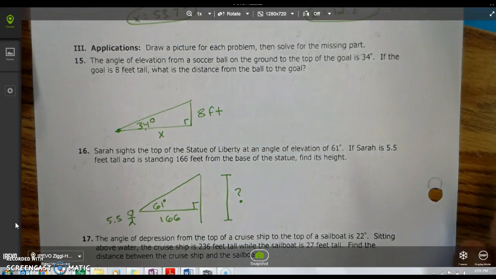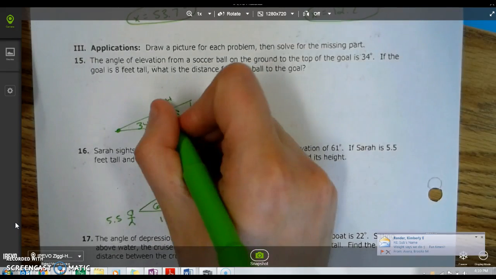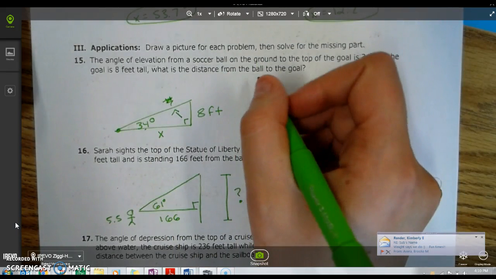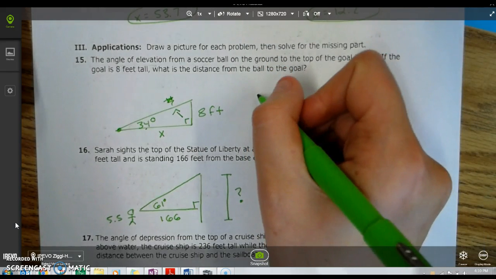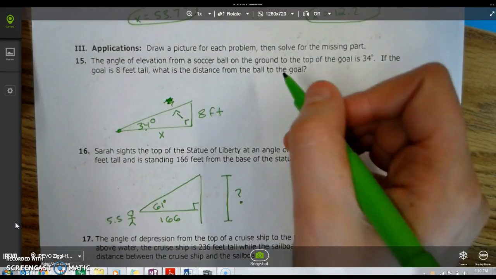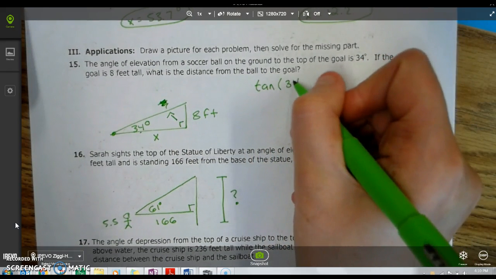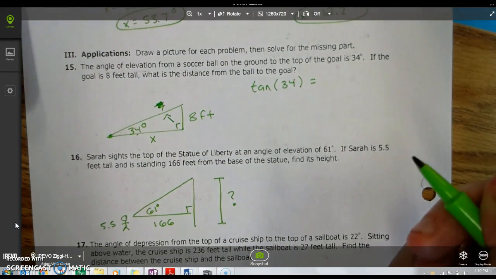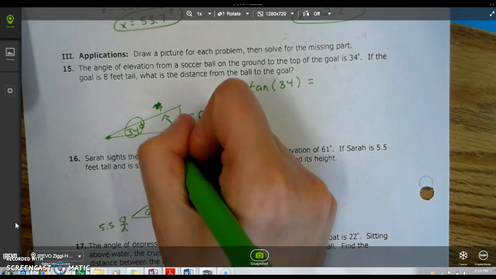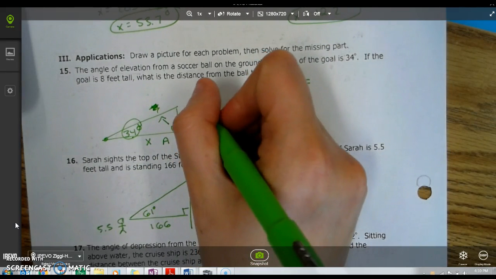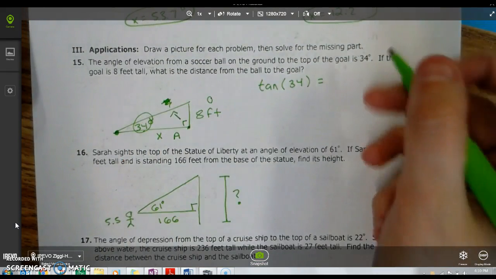Let's go here. I don't have the hypotenuse, so this is going to be tangent. Tangent of 34 is equal to opposite over adjacent. Sorry, guys. Adjacent is in between these. That is opposite.